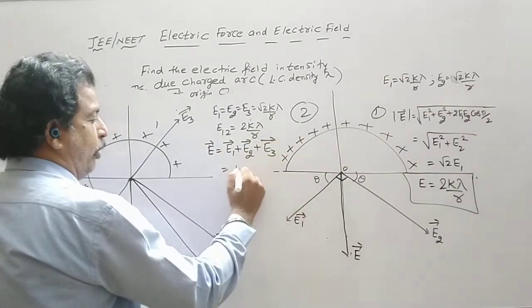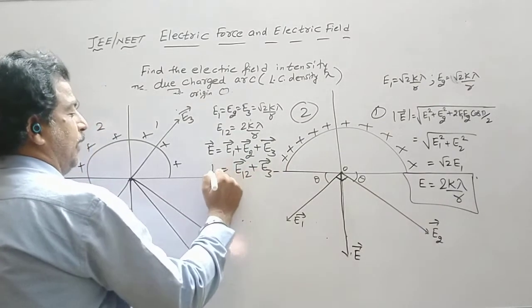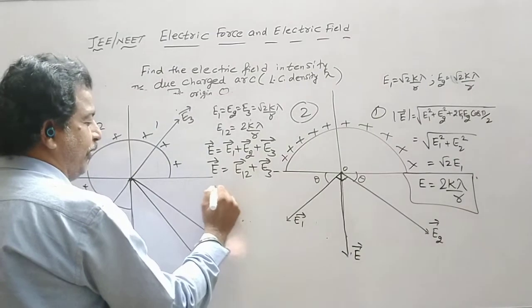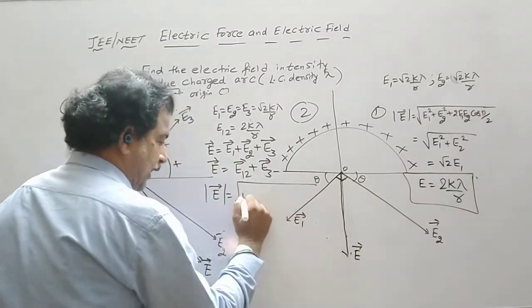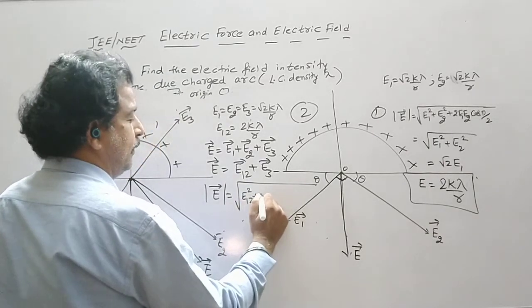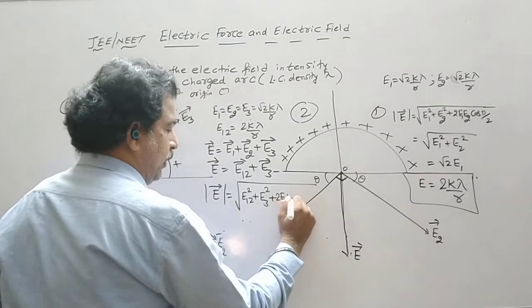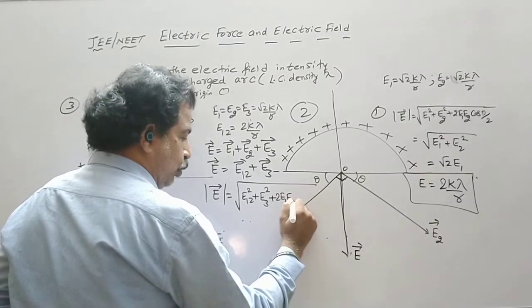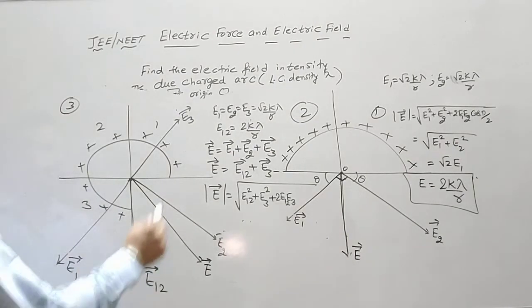Then in the vector form, this can be E12 plus E3. That is E. Now the mod of E is equal to under root E12 square plus E3 square plus 2 E12 E3 cos of the angle between them.